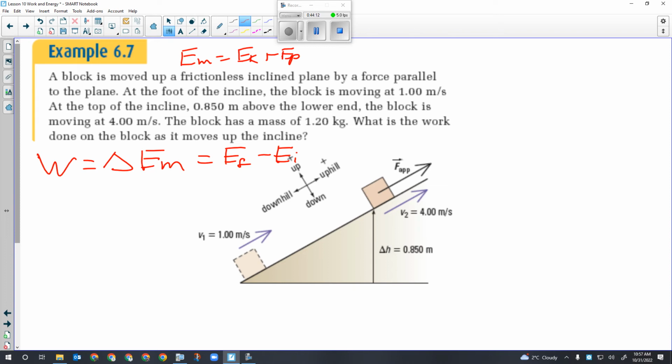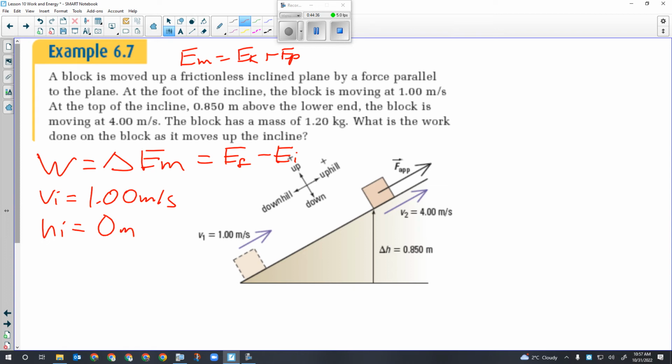Let's write down all the givens that we have. I know that my initial speed is 1.00 meters per second. What's my initial height, according to this question? Zero, because I'm at the bottom of the ramp. How much potential energy then do I have at the start?